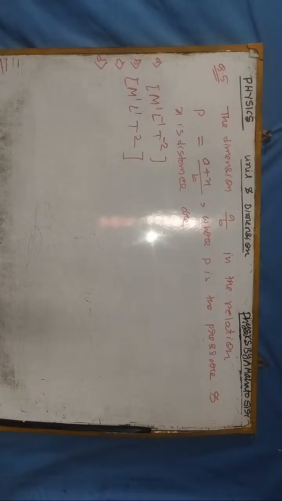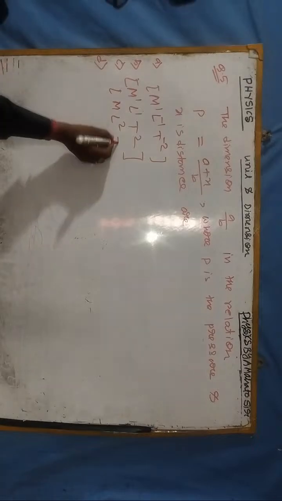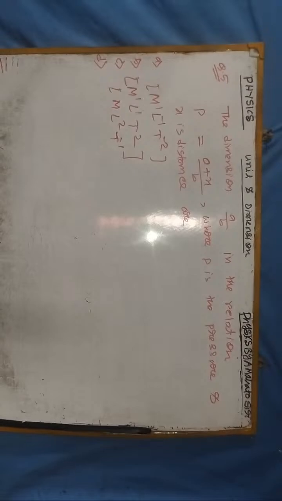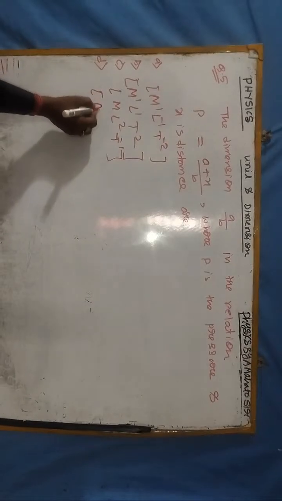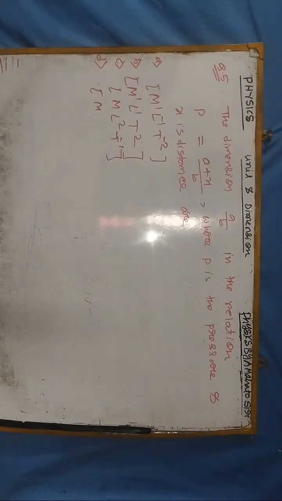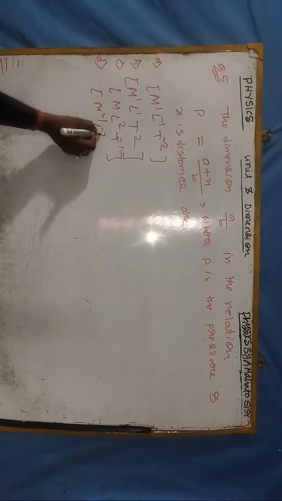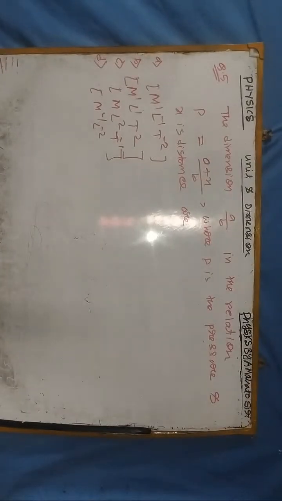The third option is M1 L power 2 T minus 1. The fourth option is M minus 1 L minus 2 T minus 1.